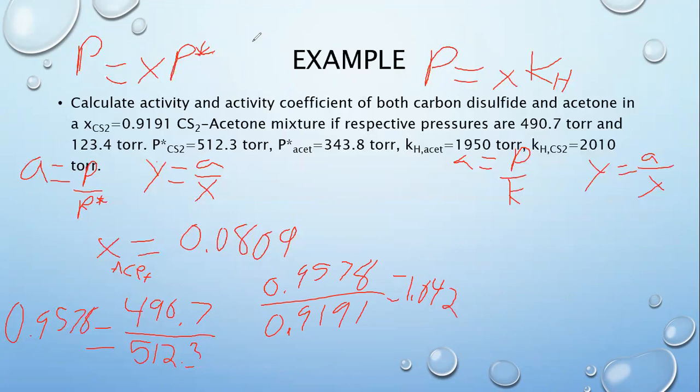Now the activity of our acetone, which is in a lower quantity, is going to be 123.4 divided by 1950.